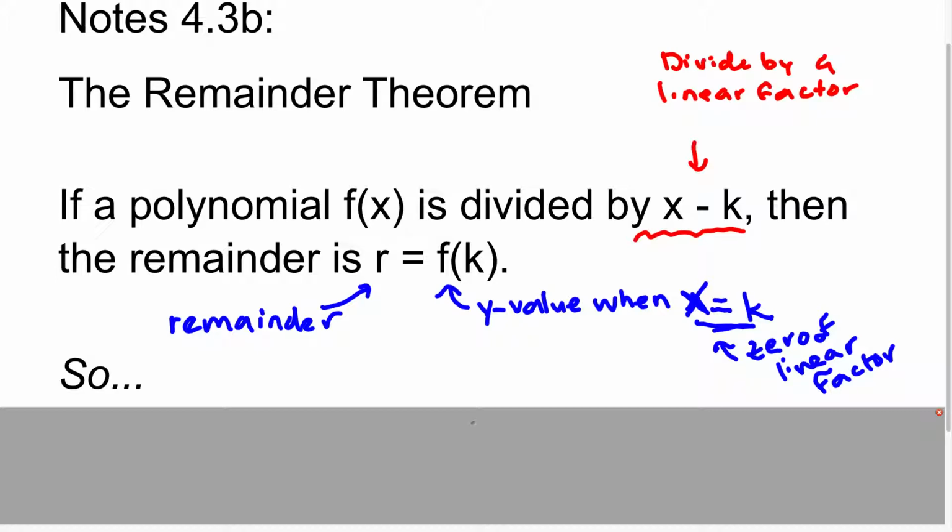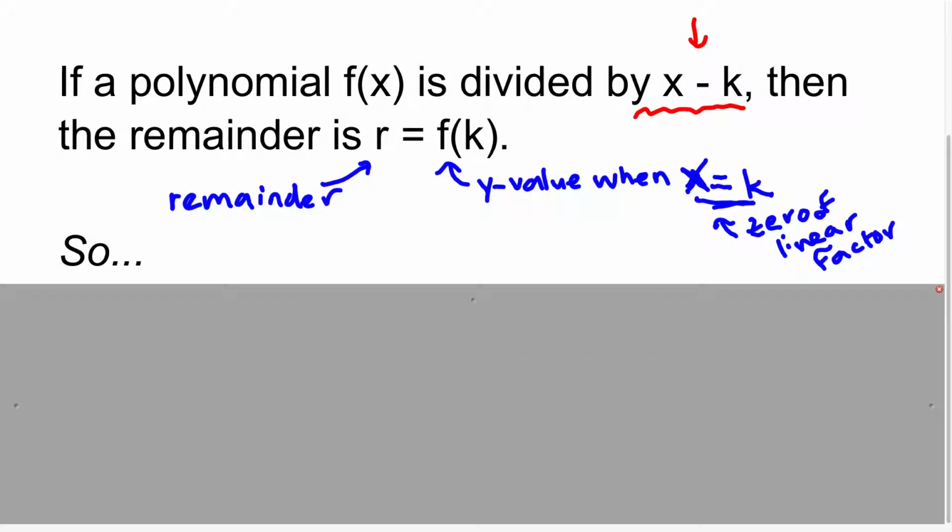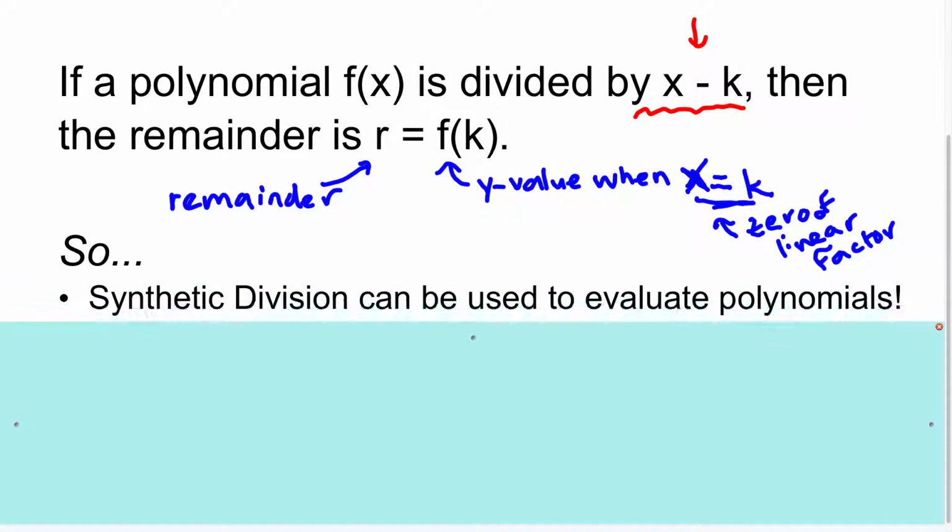Okay, so what's the big deal? I'm going to phrase it a couple of ways. One awesome part about this is you can now use synthetic division, the thing that we learned yesterday, pop it into the synthetic box and add down and multiply until you get to the end. You can now use that as a way to evaluate your polynomial.